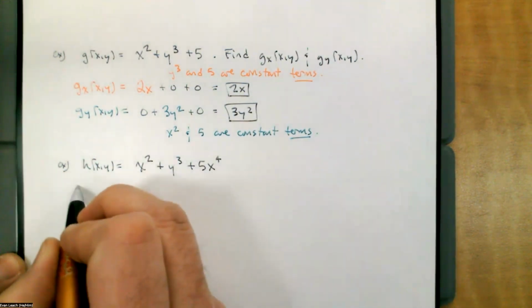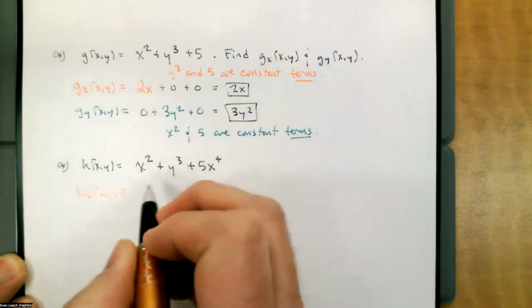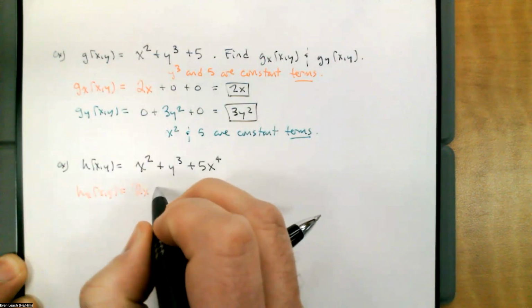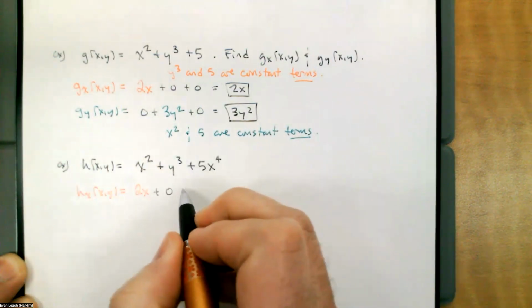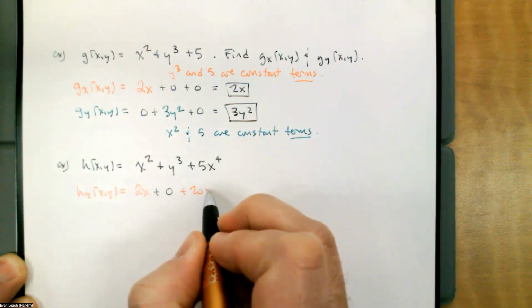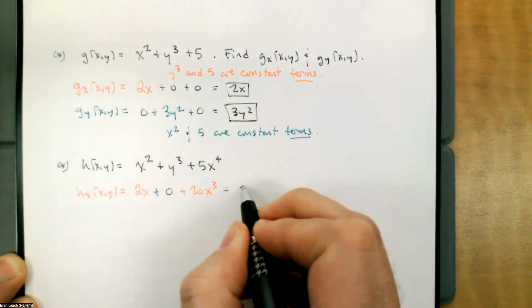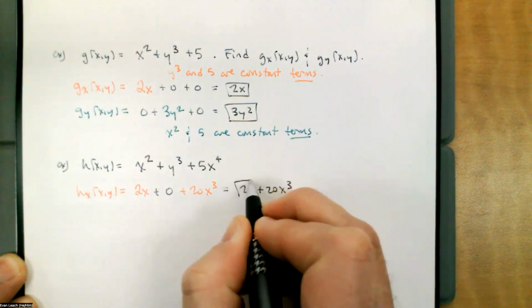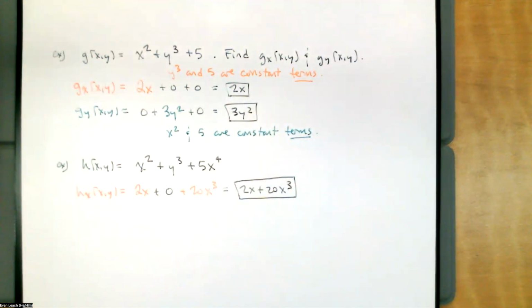So my h_x of xy, the derivative of x squared is 2x, like before. The derivative of y cubed, that's a constant term, so that's 0. The derivative of 5x to the 4th is 20x to the 3rd. So we end up with these 2 terms, because out of the 3, with respect to x, only 1 was a constant term.